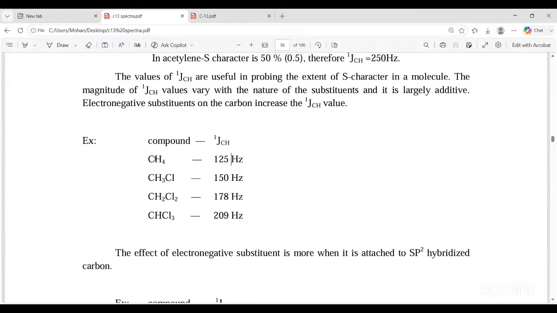When one of the hydrogens from methane is replaced with chlorine, it becomes methyl chloride. The J value is going to increase because we substituted the hydrogen with one chlorine, from 125 to 150, an increase of 25 Hz.